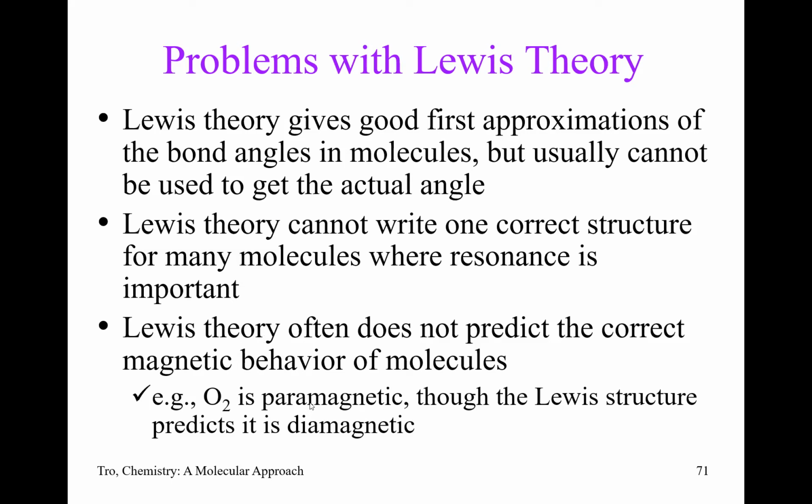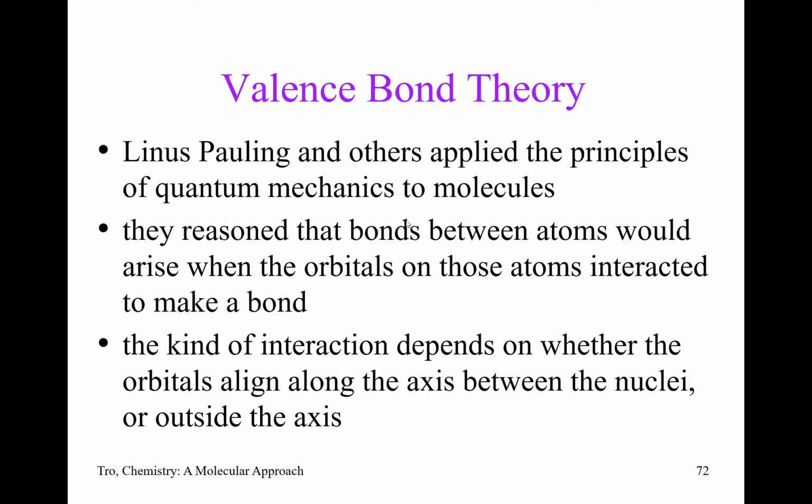And paramagnetic versus diamagnetic means, remember from last chapter, an unpaired electron. Right. And so this theory is called valence bond theory. For us, it's not a history exam, so don't worry about Linus Pauling here.